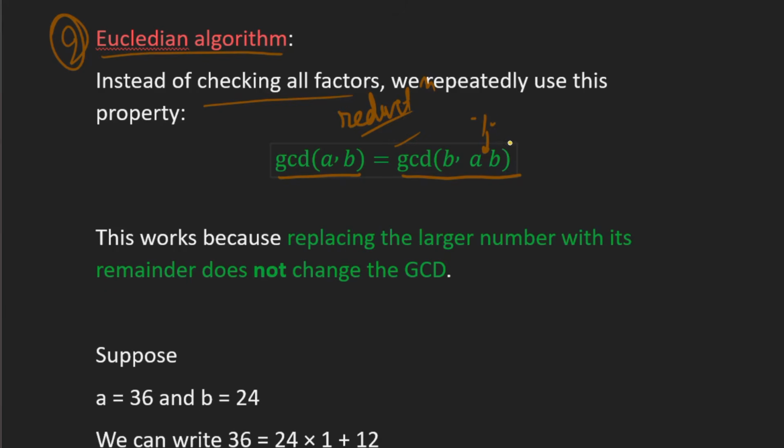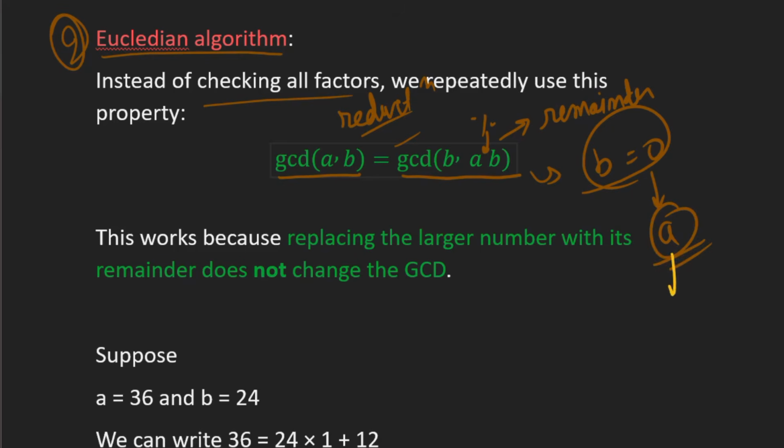Here modulo is basically the remainder. Whatever remainder we get from a and b, we take that here, and then b here. We use this technique, and once our b becomes 0, whatever answer we have in a will be our GCD, right?